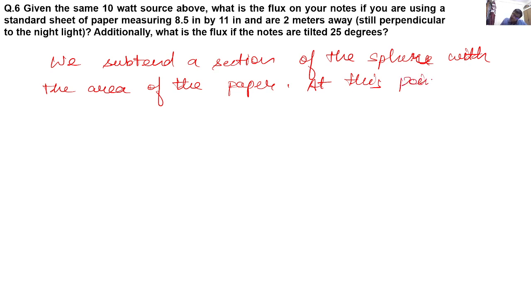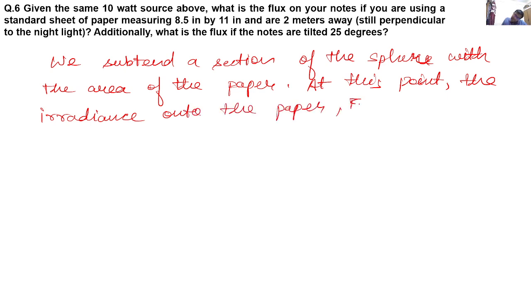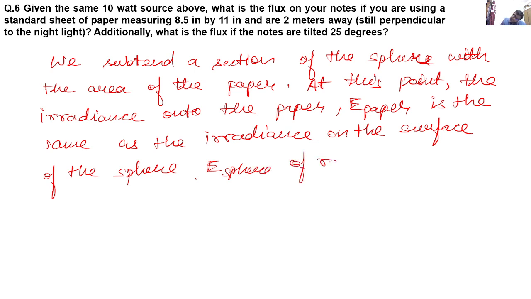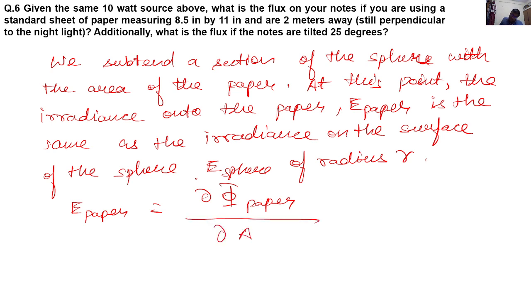At this point, the irradiance onto the paper, which we refer to as E paper, is the same concept we used in the last question, the irradiance on the surface of the sphere, that is E sphere of radius R. So E paper, in this case we are subtending the sphere into the paper, is delta phi paper, again the same thing, by delta A paper.